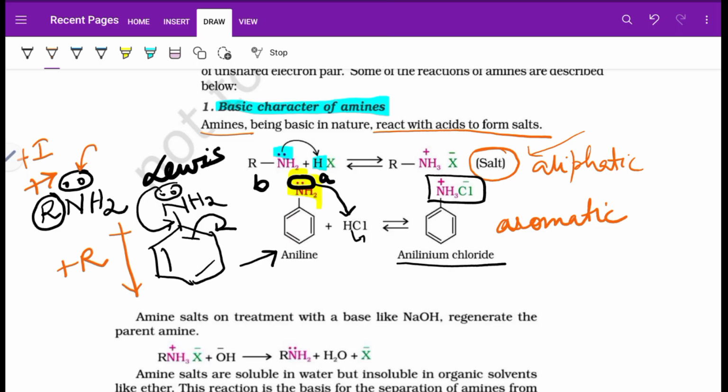On account of this plus R effect, the electron density over the nitrogen atom shifts away from the nitrogen atom and moves towards the benzene ring. So I can say that the electron density over the nitrogen, if it is an aliphatic amine, is greater than the electron density over the nitrogen atom if it is an aromatic amine.